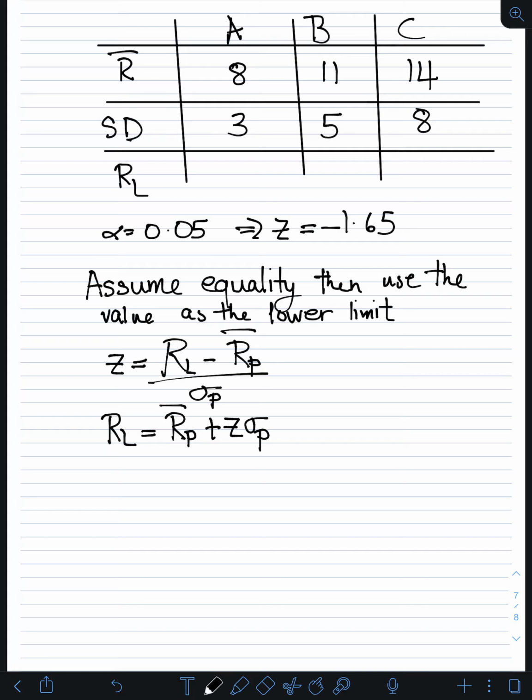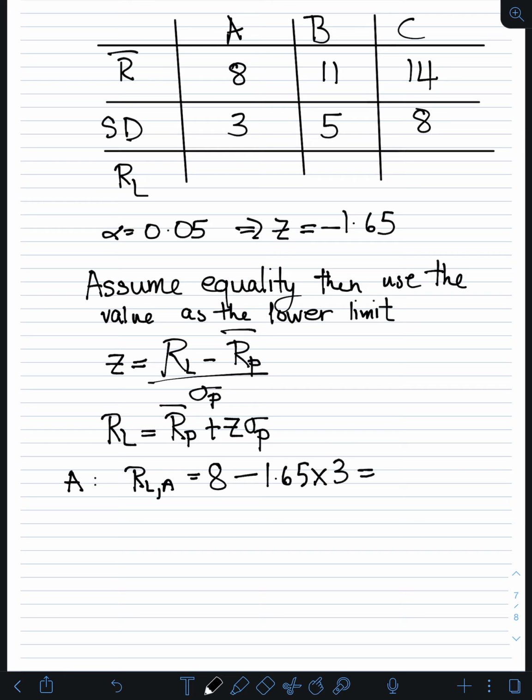So let's do it for the three portfolios. For portfolio A, we have RL for portfolio A. What is the expected return for portfolio A? It's 8. Now we have a plus Z, but what's our Z? Our Z is a negative value. So instead of writing plus 1.65, we just write minus 1.65 times the standard deviation of A. The standard deviation of A is 3.